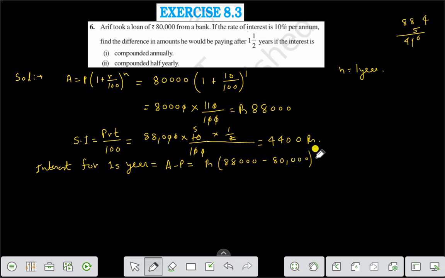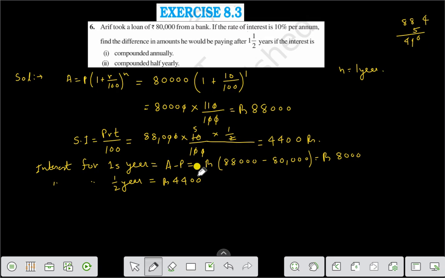Therefore, we are getting rupees 8,000. This is the interest for the first year, and interest for the half year is rupees 4,400.